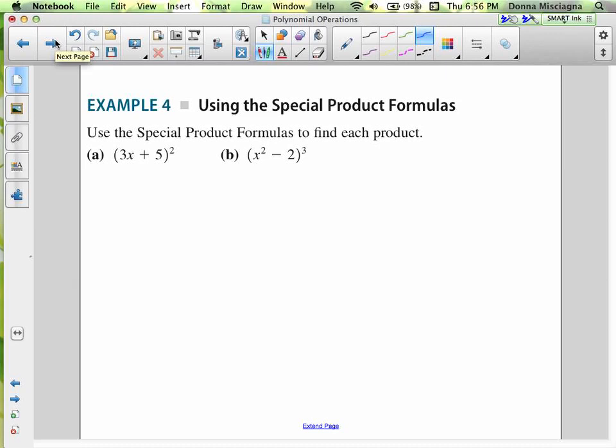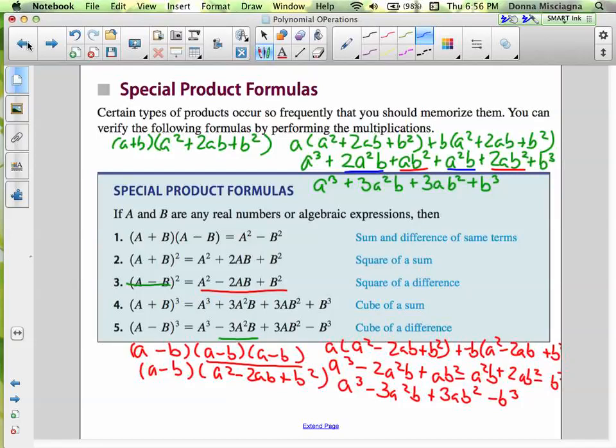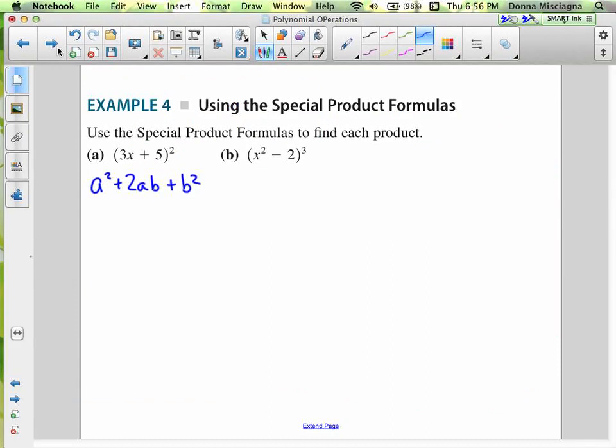So we have 3x plus 5 squared. I have a sum of squares. So remember it's going to be a squared plus 2ab plus b squared. And if you forget, you can turn to your notes over here and take a look at that to remind yourself. So what's a, what's b?